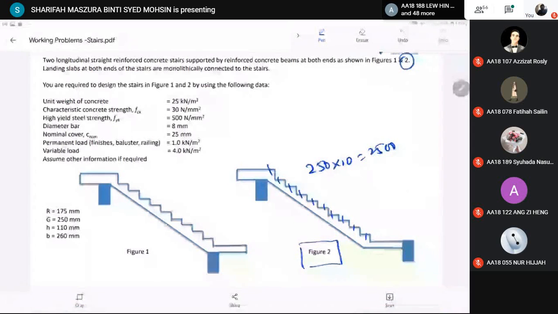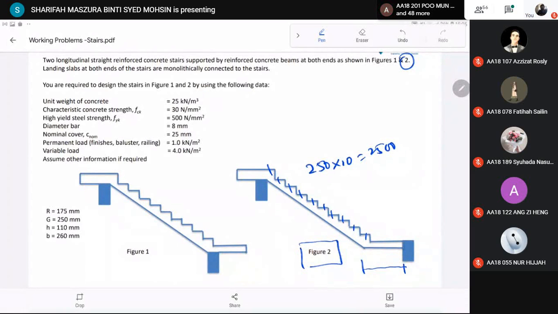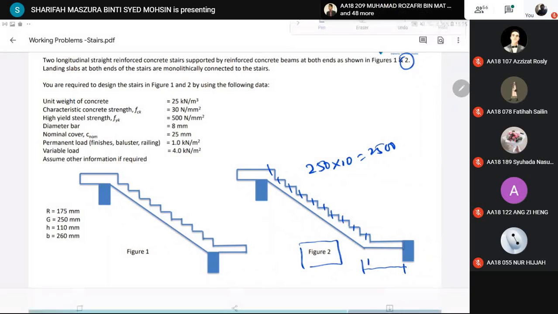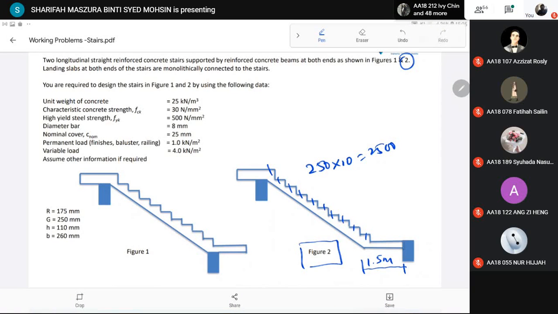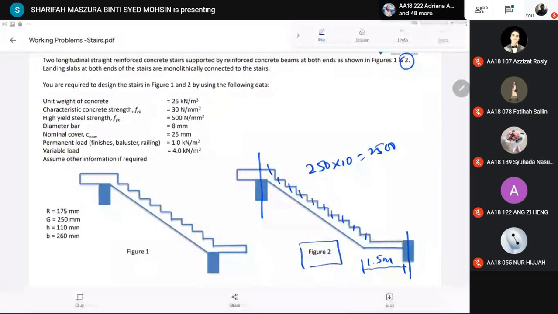The landing span is not given to us, so I give you some value for the landing span. So say 1.5 meter. Okay.